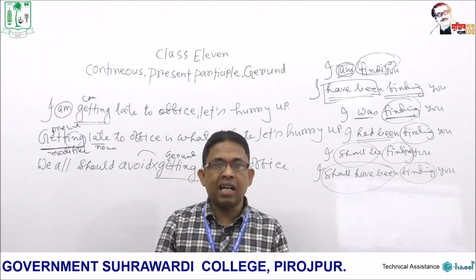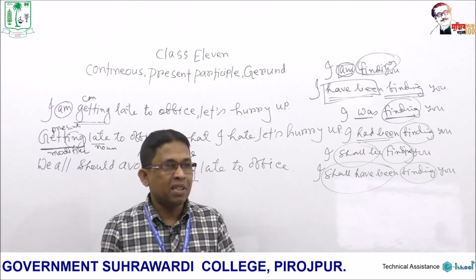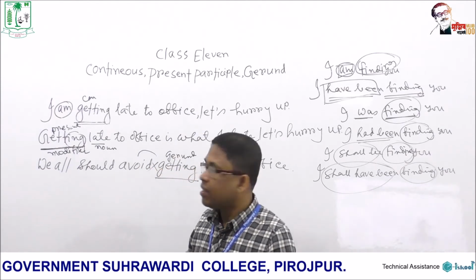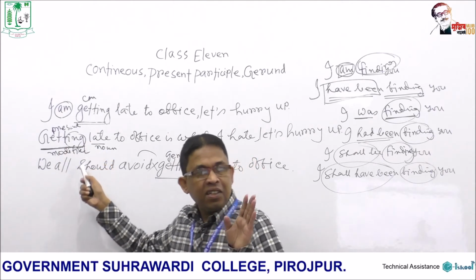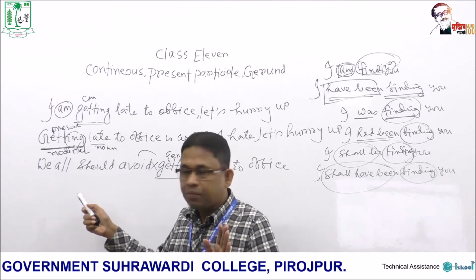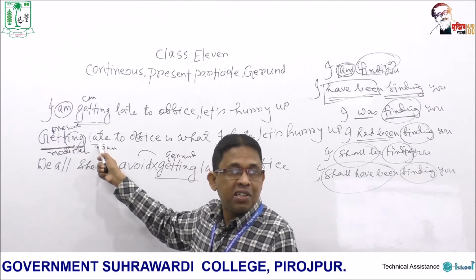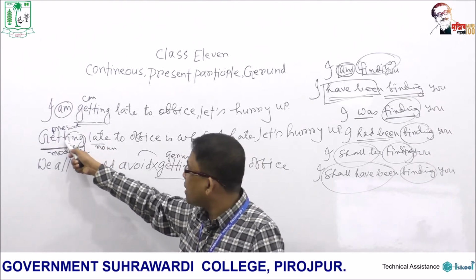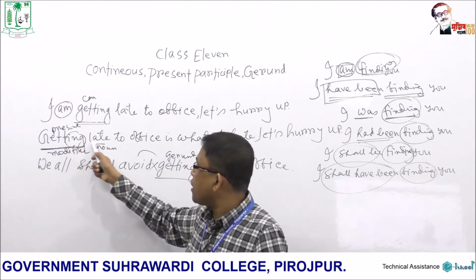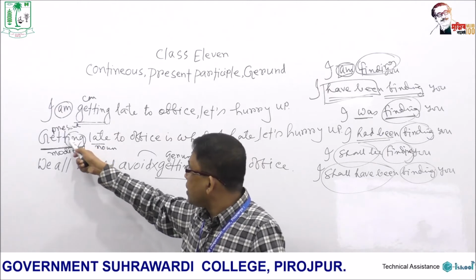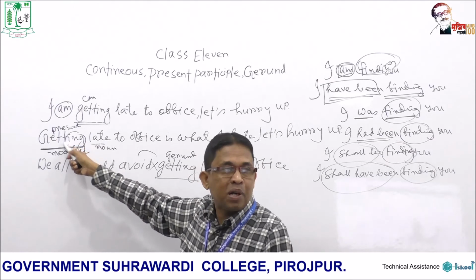If you have some clear idea about the function of adjective, the nature of adjective, then it is easier for you to understand how this getting modifies this noun late. If you can understand that, then it is easier to understand that this getting is acting just like an adjective, because this is modifying late and this is a present participle.